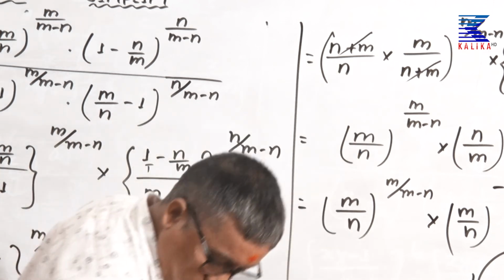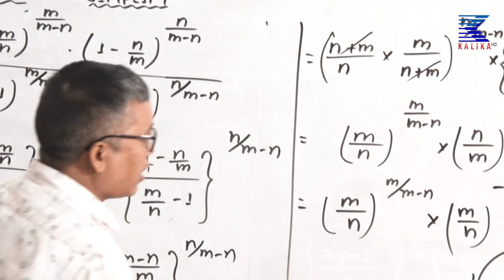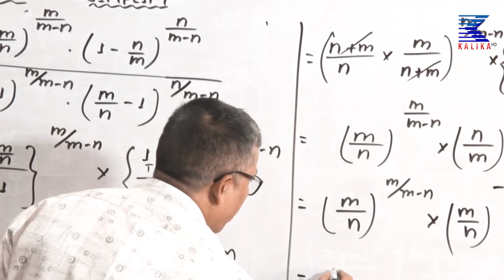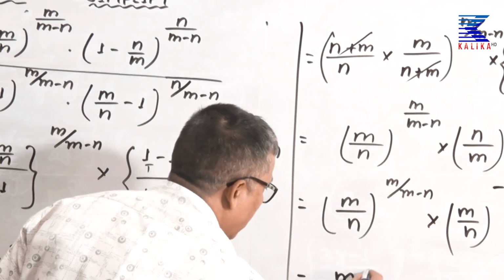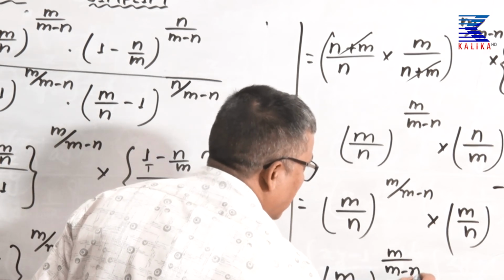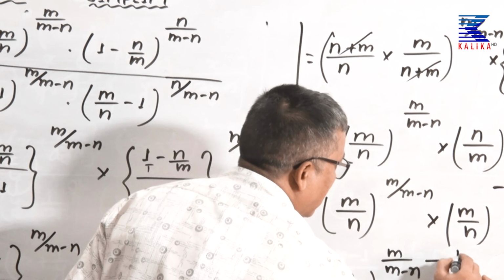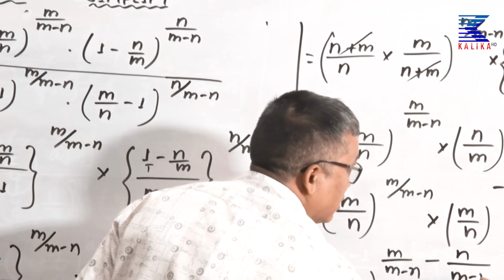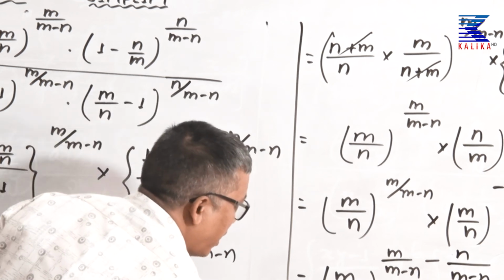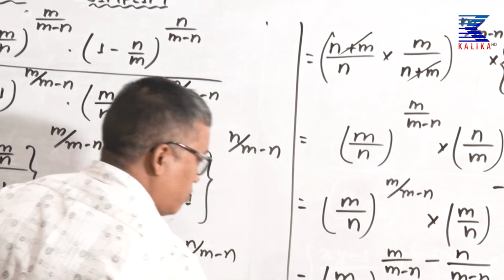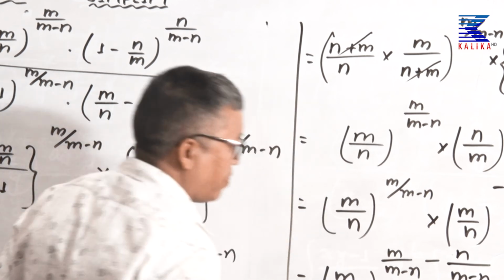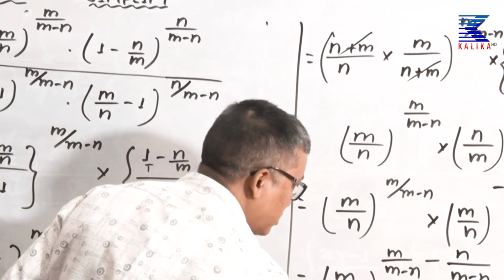Okay? Now, bases are the same, then powers will be added: (m/n) to the power m/(m minus n) minus n/(m minus n). Clear? Next, m/n to the power, taking LCM, (m minus n)/(m minus n).